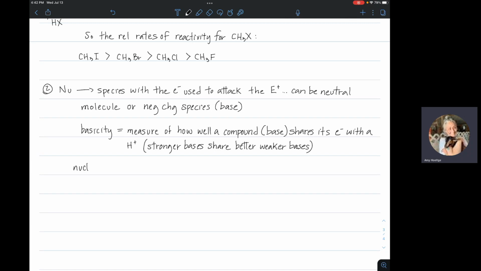Even though a base can be a nucleophile, the way we measure it is a little different. Because you can use a base as a nucleophile. You can use a neutral molecule as a base. We've seen water behaving as a base, right? So no big deal. Has lone pairs of electrons, why not, right?